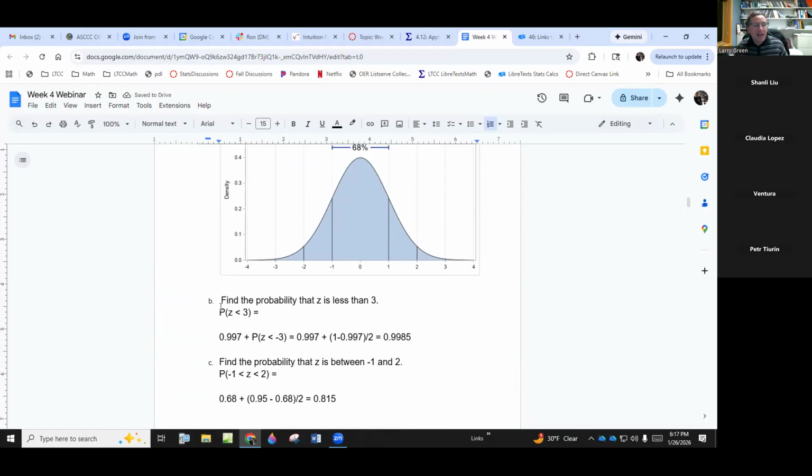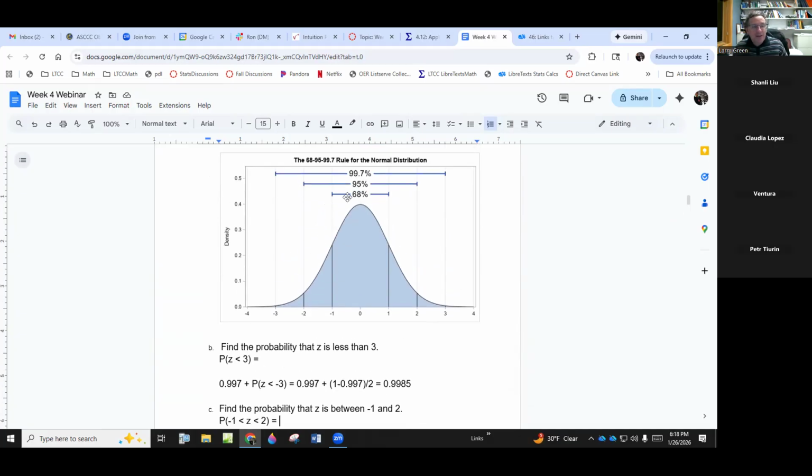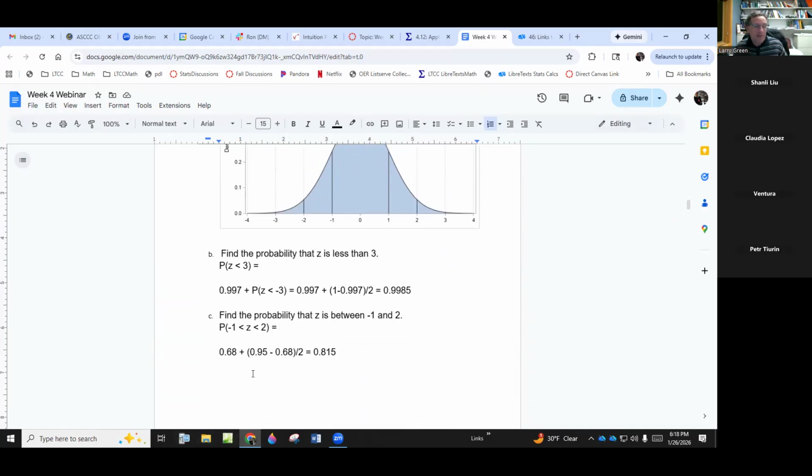Now we could look at that and say, well, between -1 and 1, that has a 0.68 probability because that's what it says. 68% is between -1 and 1. Any questions so far?